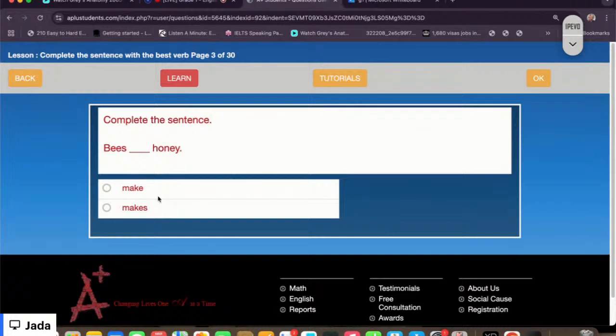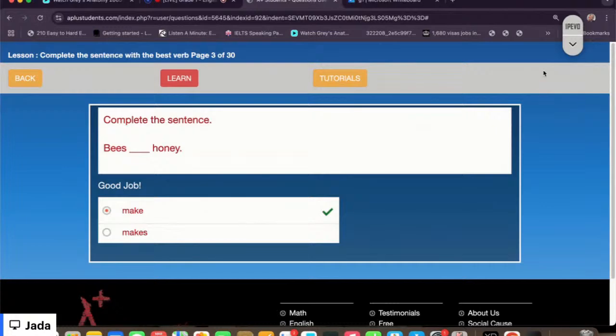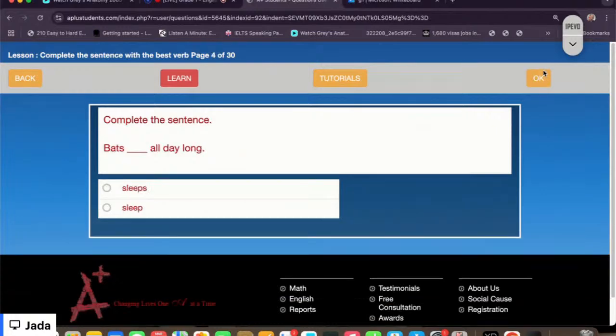All right, so bees is more than one, so the verb will have no s. So bees make honey. Okay, so remember that if it's more than one, do not add s to the verb. All right, bats dash all day, sleeps or sleep.